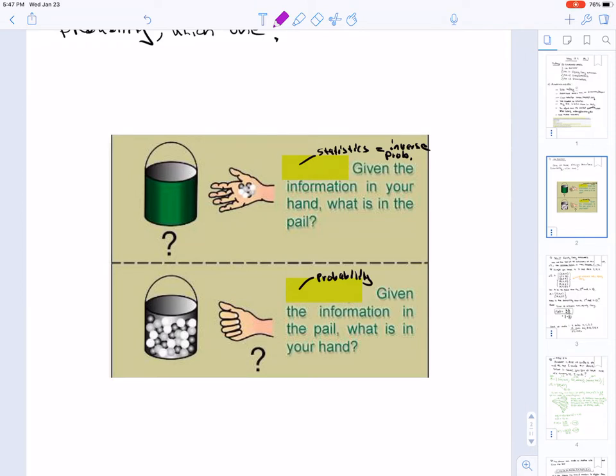In the top picture, we're doing the reverse process. Statistics is in fact inverse probability, where we know what's in our hand. We know we've taken a sample from some population. We don't know what the distribution is of that population, and that's what inferential statistics is all about.